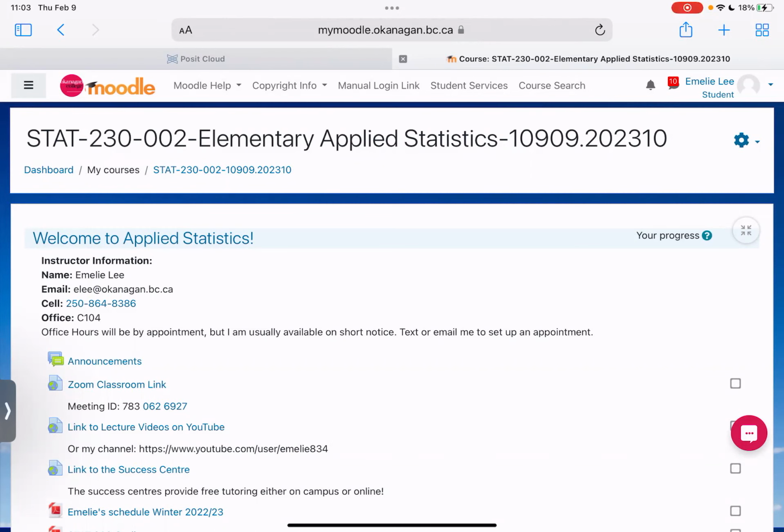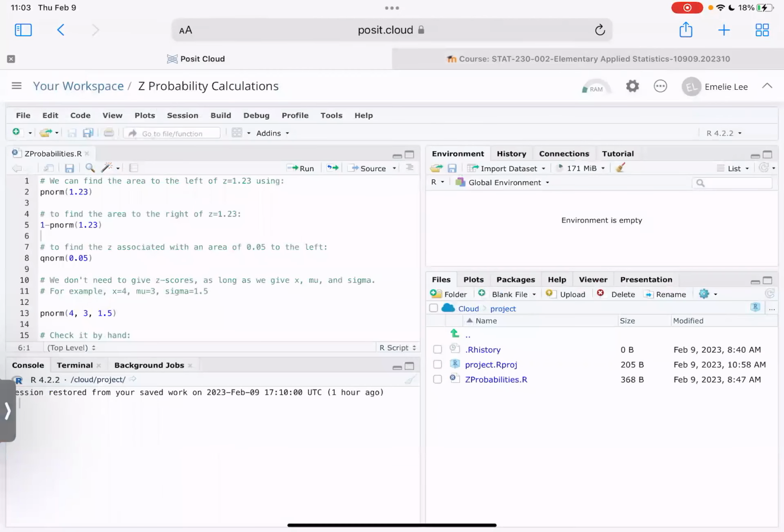I am going to be using Posit Cloud. It used to be RStudio Cloud, where you sign up for a free account and can just use it. Instead of installing things on your laptop, which is kind of annoying, you can use it on your iPad, for example.